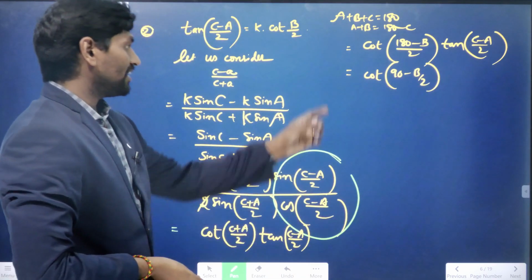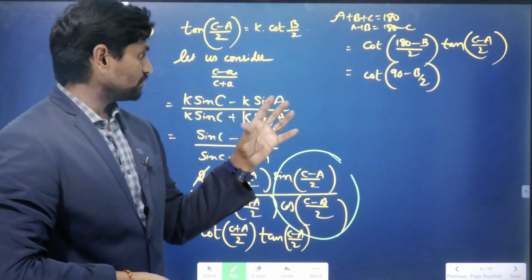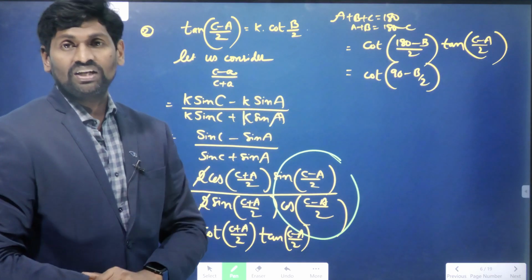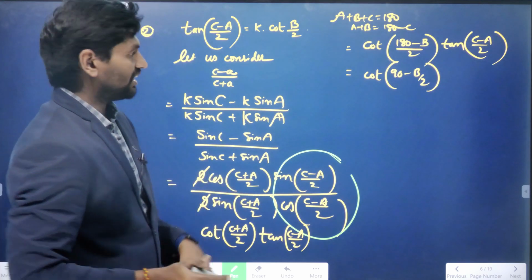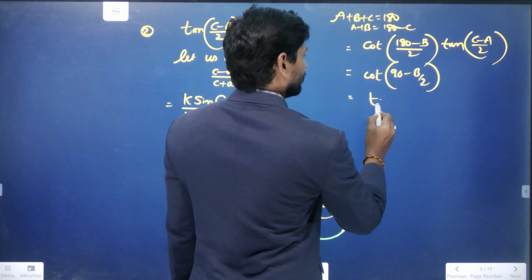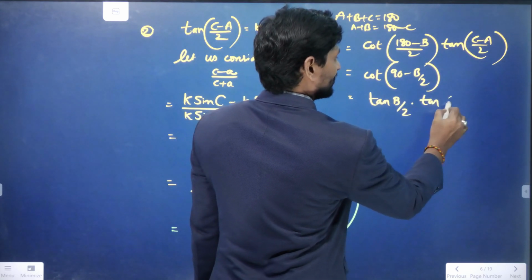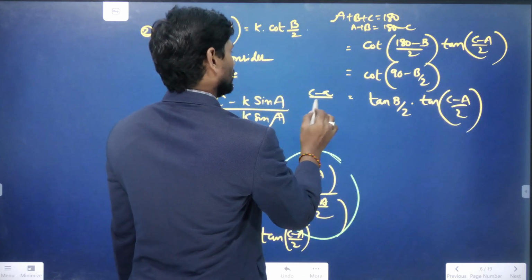90 minus b by 2 value is in the first quadrant, where all ratios are positive. Whenever it is 90 degrees, cot becomes tan, because cot of 90 minus theta becomes tan theta, complementary angles. So this will be tan b by 2 into tan (c minus a)/2. But this value is coming from (c minus a) by (c plus a).